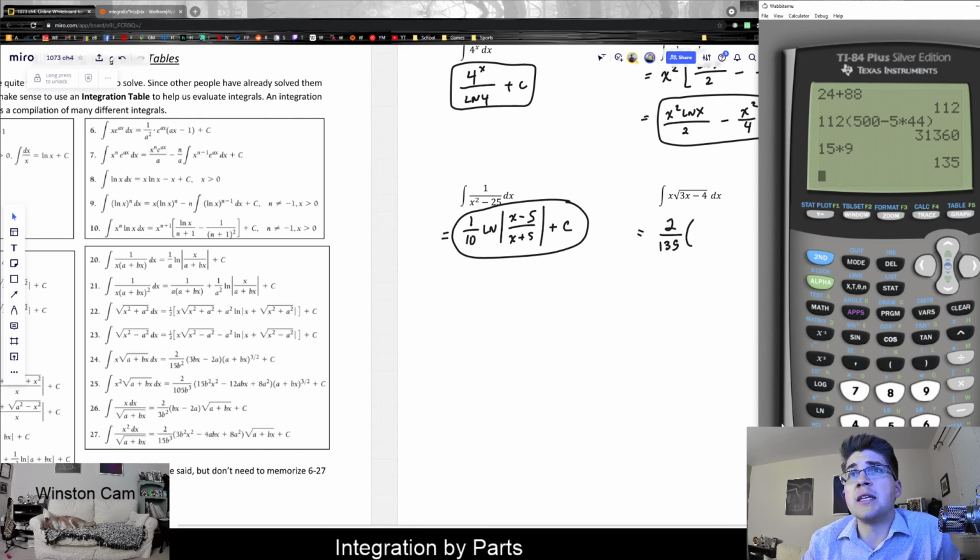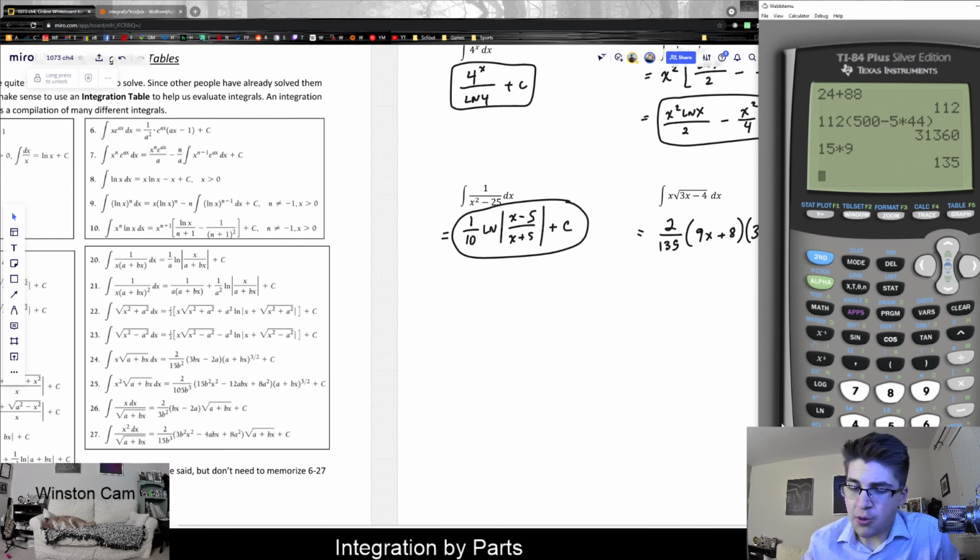So again, that would be 3 times x, 9x minus 2a. So a is -4, so minus 2 times -4 is plus 8. And then it says it's all of that times a plus bx. That's just the original 3x minus 4 to the 3/2 power plus c.